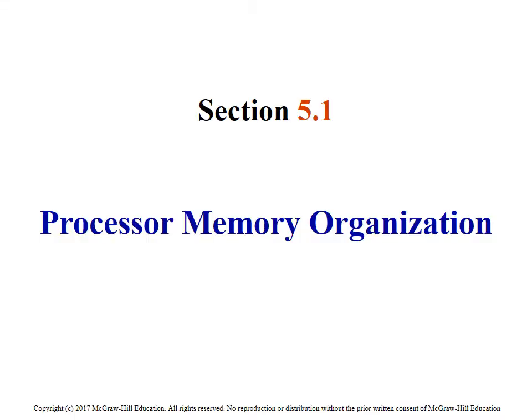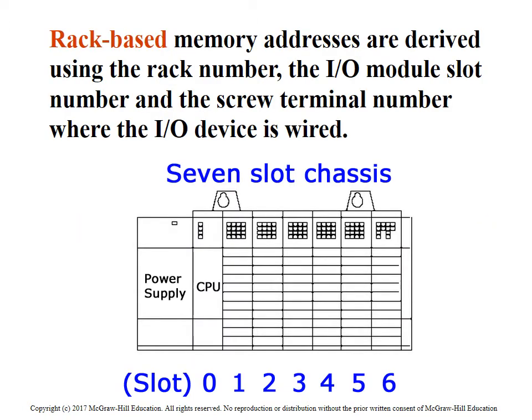So first thing we step into is 5.1, processor memory organization. When we're dealing with PLCs, there are two different styles, as we learned in the last unit: the fixed CPU and the modular CPU.